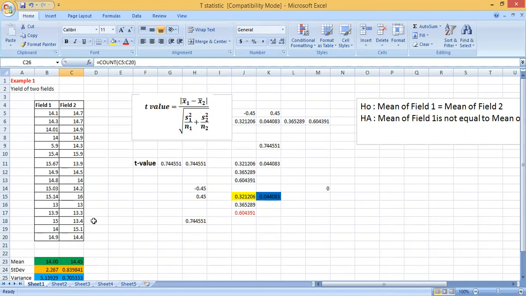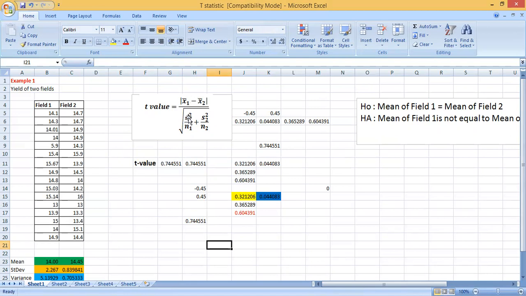Now we have to find the difference between the means. I can calculate it this way: equal to this part minus this part. Taking the absolute value, it is 0.45.